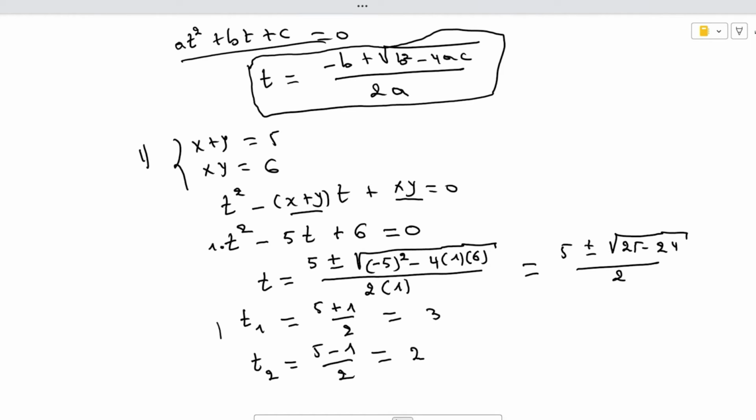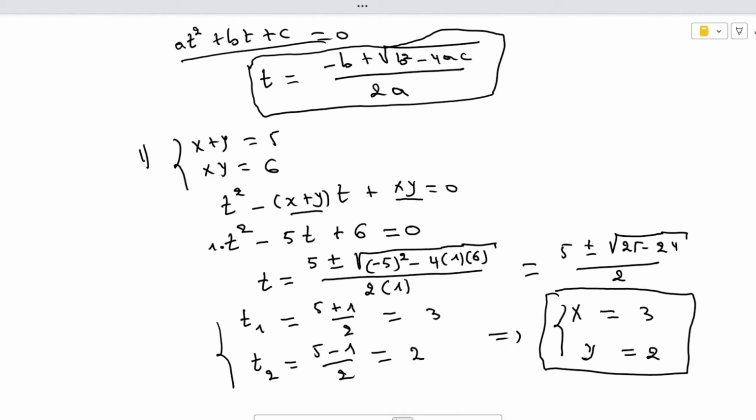Once we have our roots, we deduce that the value of x is 3 and the value of y is 2. That's it, and these are the values that we were asked for. That's easy, and that's how we solve this kind of system.